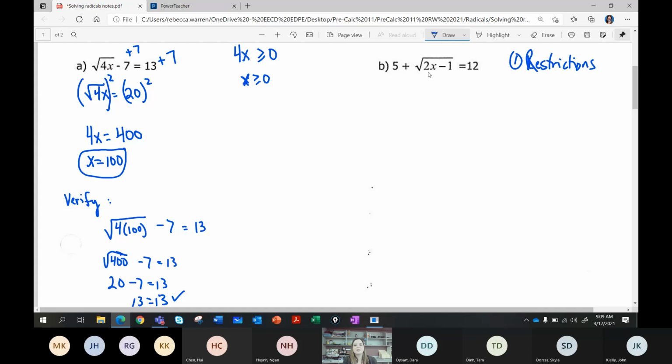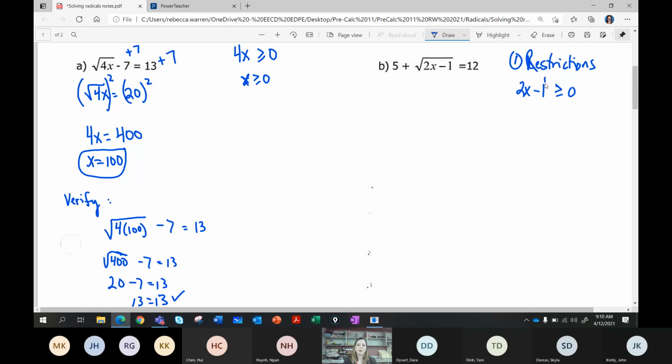So we take whatever's under the radical. See, they're already a little harder. 2x minus 1 is what's under the radical. We make it greater than or equal to 0 because we can't square root a negative. Then we solve as if this was an equal sign.